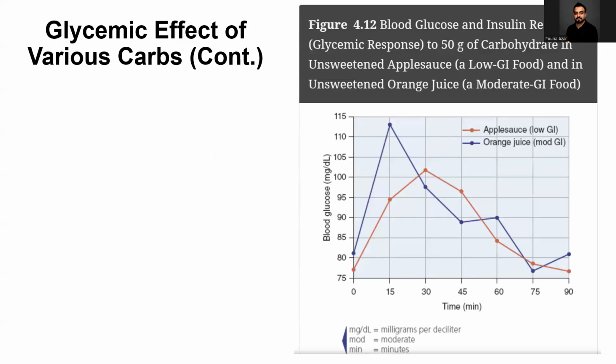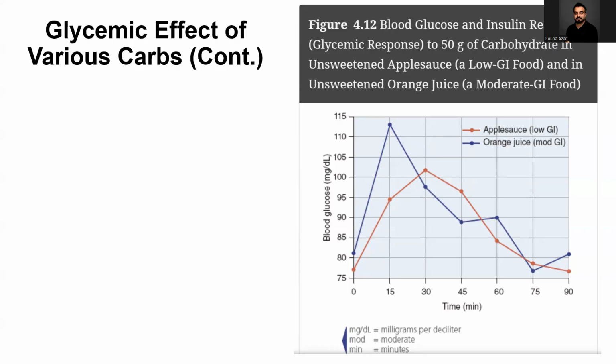So here is an example. We have applesauce, which is a low glycemic index food, and we have orange juice, which is a moderate glycemic index food. The difference between these is shown in this graph.